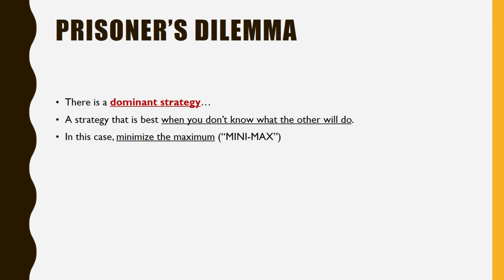In this case, the strategy we would nickname mini-max. Minimize the maximum. In other words, your best strategy is to minimize the maximum amount of jail time. So minimize the maximum prison time, or mini-max.